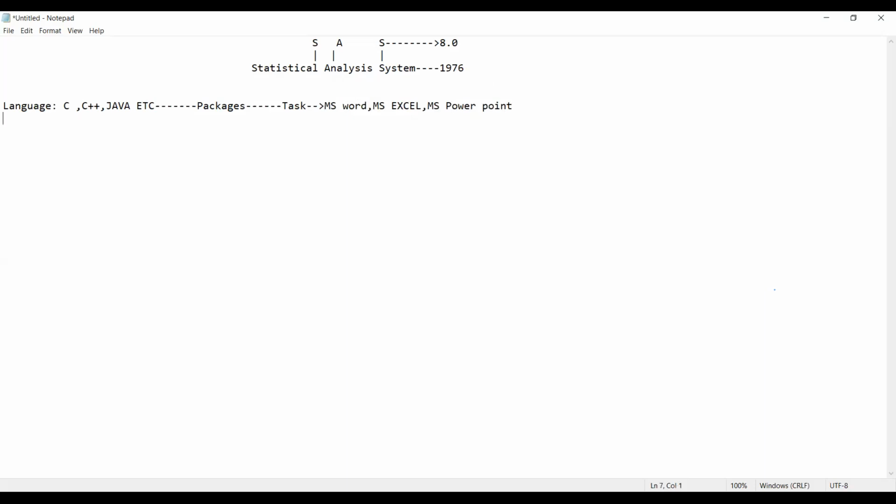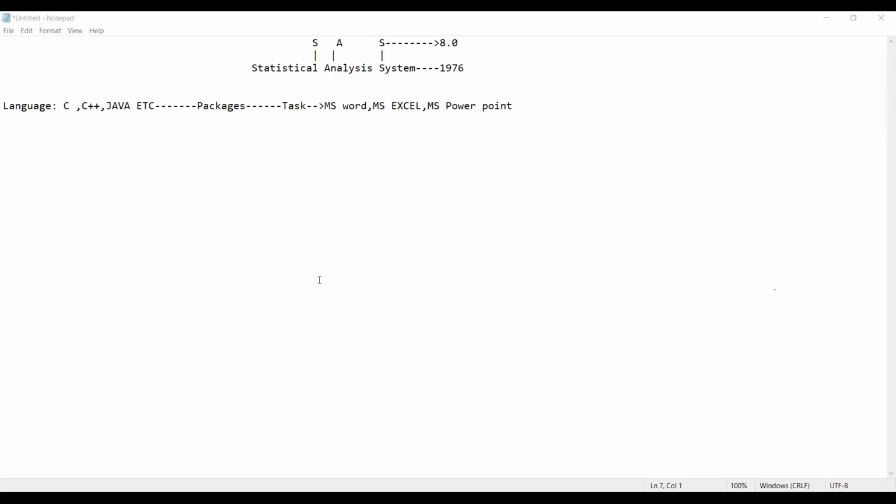Now, when it comes to the languages, who can use the language? A developer. So can you say that languages can be used by a technically known person, a technical expert, and not a layman?